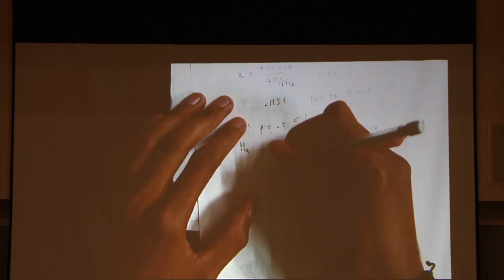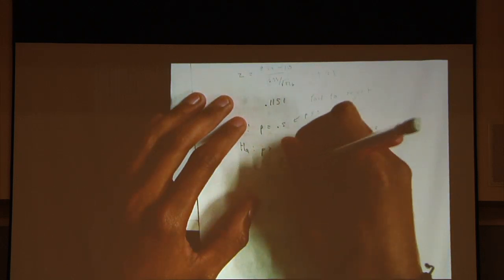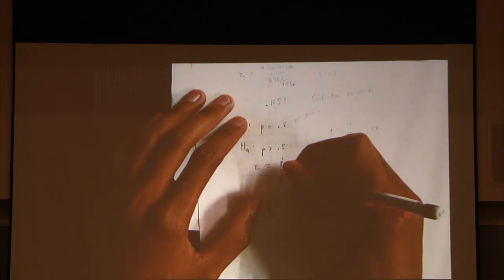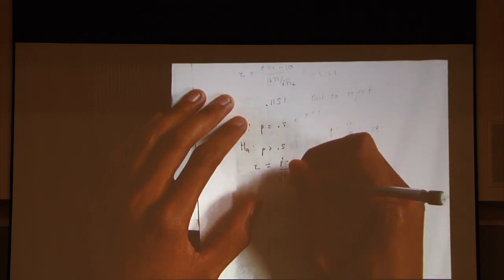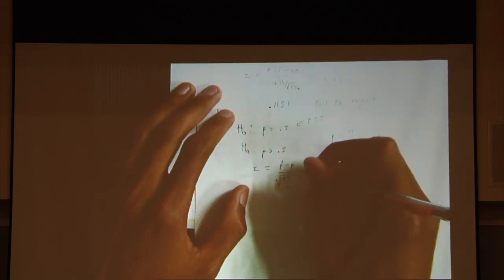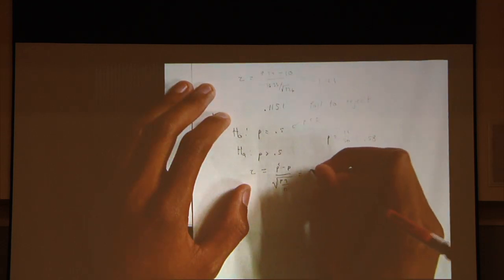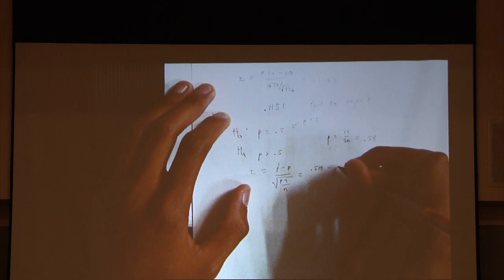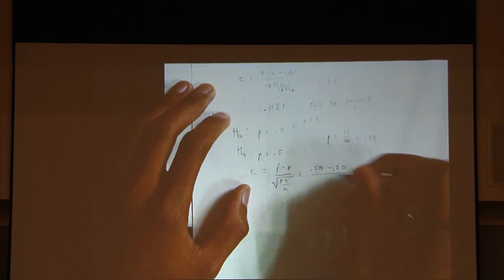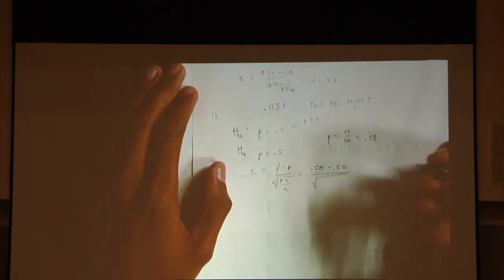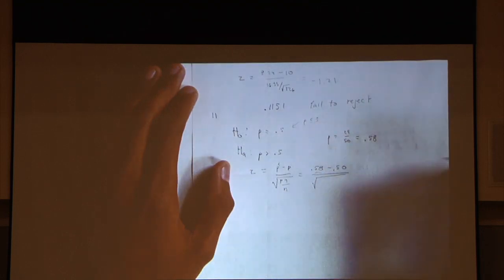It's P hat minus P over the square root of success P Q over N. So our proportion that did underestimate was 0.58 compared to the 0.5 that we want. The probability of success and the probability of failure is just 50%.